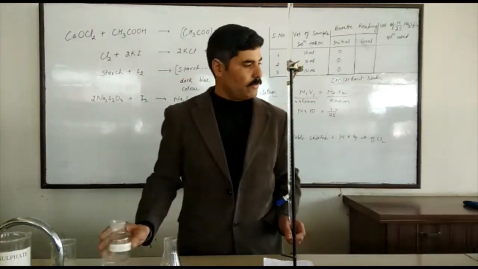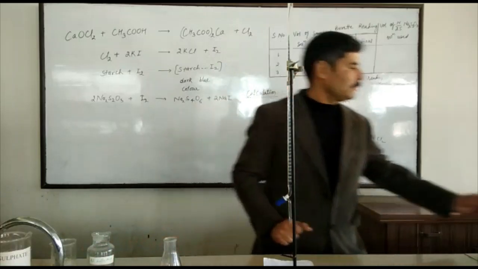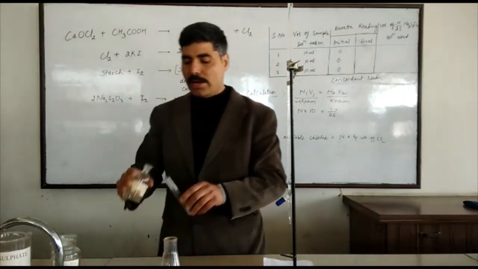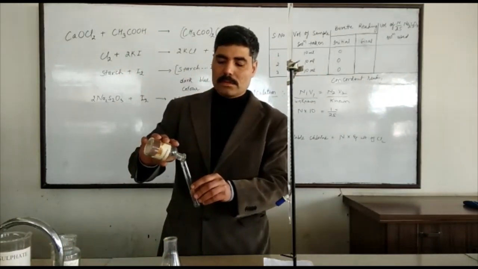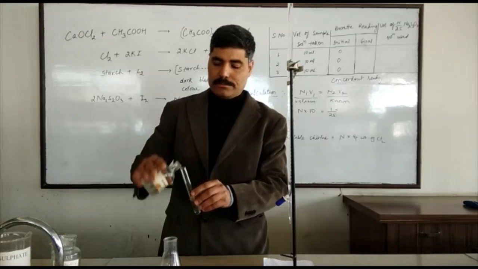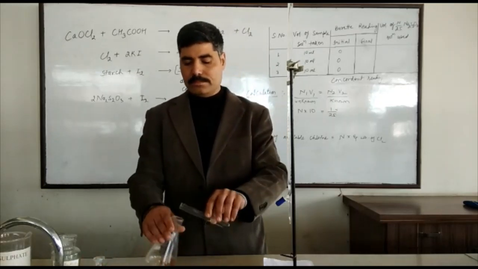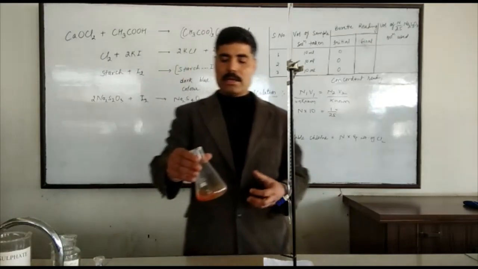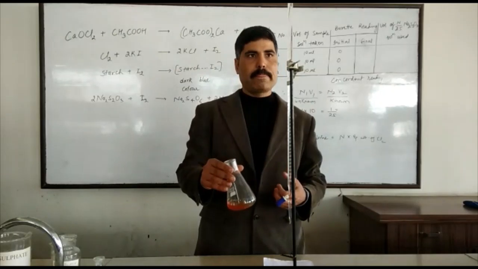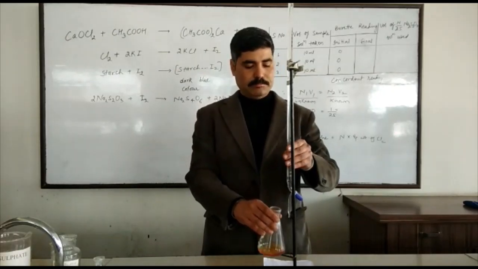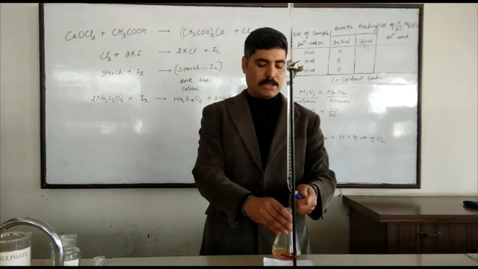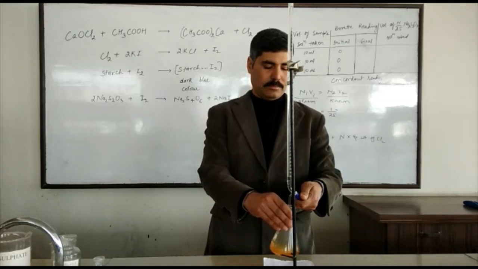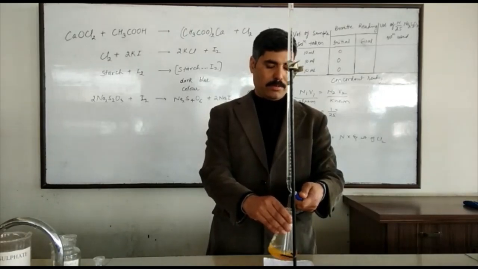That's why we have to add these two chemicals, and this is an iodometric titration because in this the iodine is liberated during the chemical reaction. A dark brown yellow color is there, which we have to titrate against sodium thiosulfate solution till a pale yellow color appears.